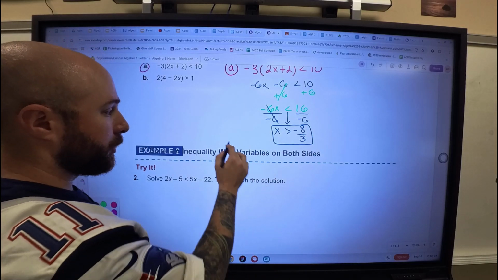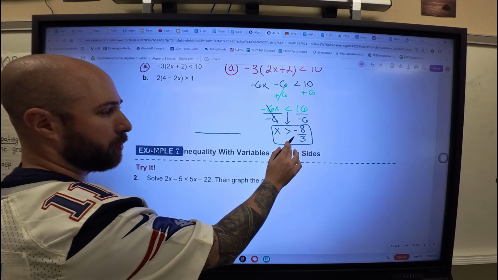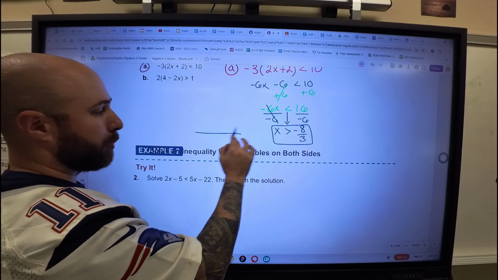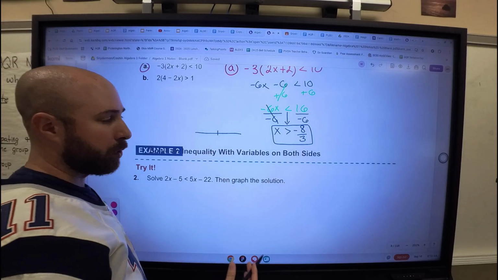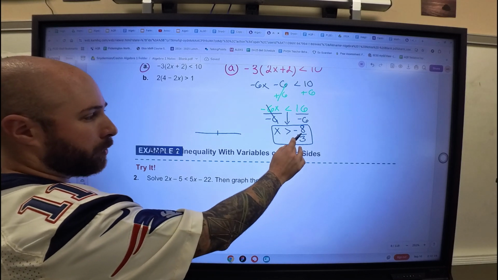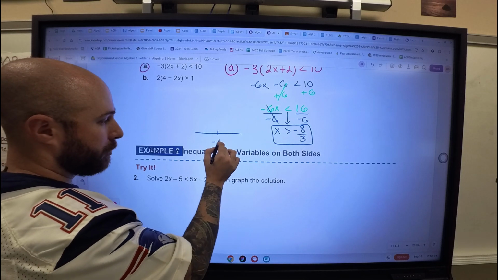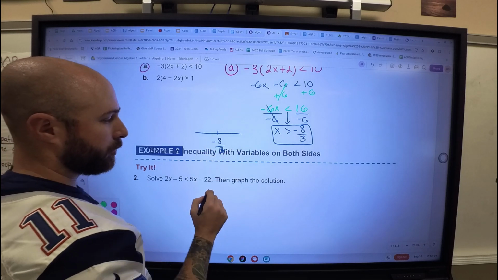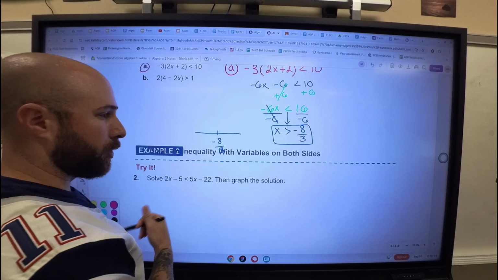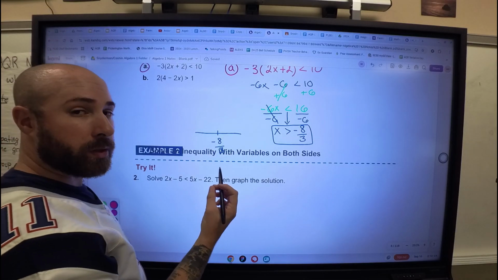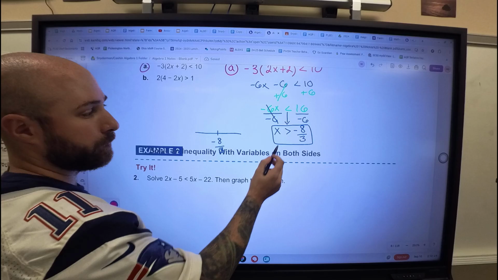Now when we graph this, it's very simple. We do a line. We put a tick mark like we would on a number line. We write the number that we got for our answer, in our case negative 8/3, and then we have to determine, is it going to be an open circle or a closed circle?